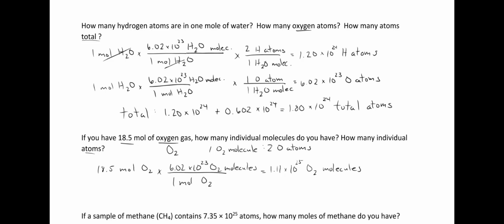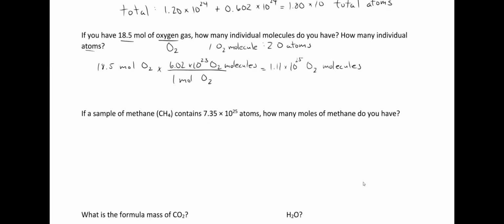If I want to know how many atoms there are, I can convert between oxygen atoms and oxygen molecules just using this relationship. For every 1 oxygen molecule, there are 2 atoms. So it should be simple enough to see that we're just going to have this number times 2, but let's just write out the units for practice. This will help us in many contexts.